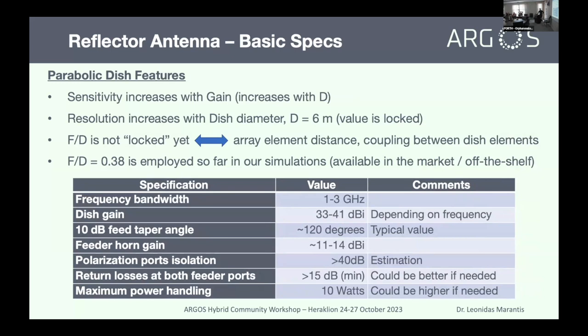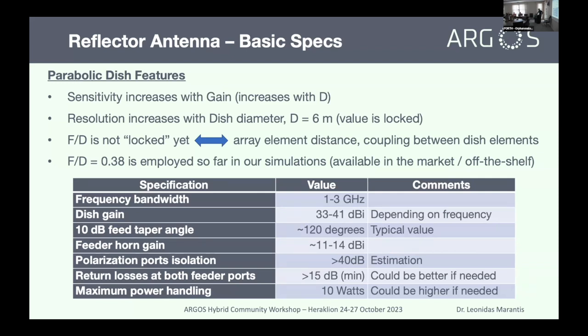So far we have done many simulations using an F over D ratio of 0.38. We are using this because it is a really common value for the F over D ratio in the market. If you want to buy a reflector off the shelf, as opposed to a custom-made design, then the value is going to be 0.38 or 0.4, something around this.